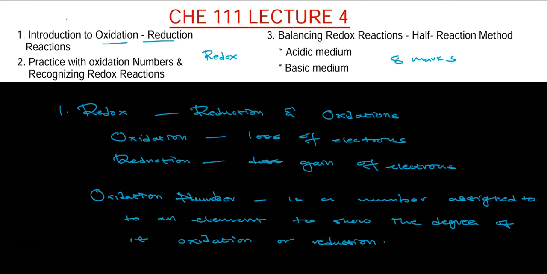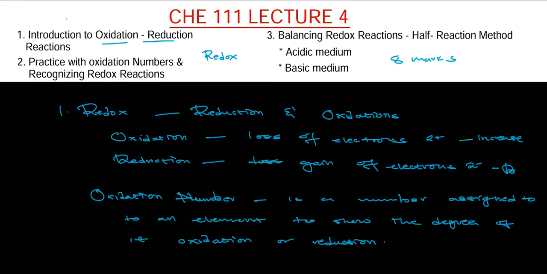So if an element has lost 2 electrons, for example, it's going to be positive 2, because positive shows that it has lost electrons. If it has gained, it will be negative 2. So what we need to know again is that oxidation involves an increase in oxidation number.